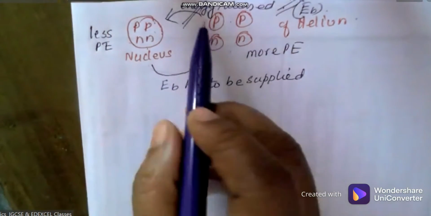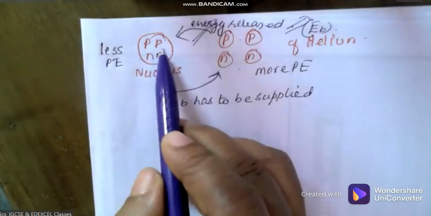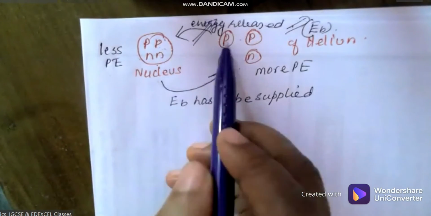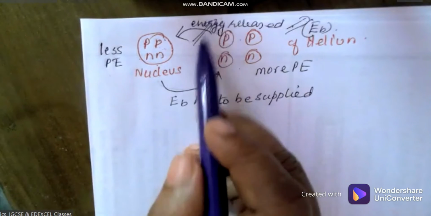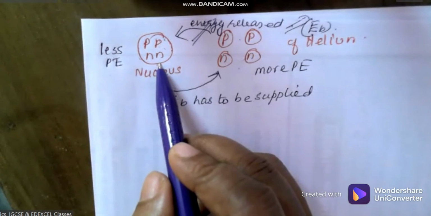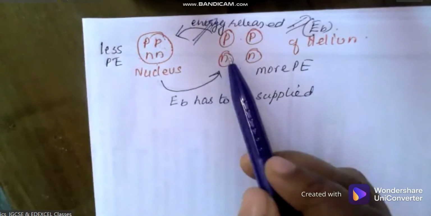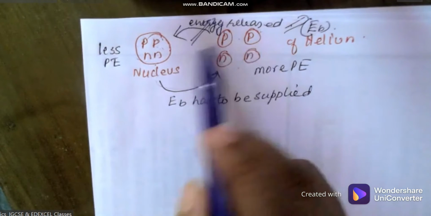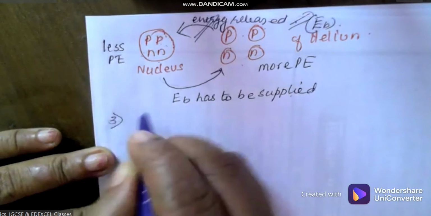When they join to form this one, the difference in the extra energy is released and that amount is binding energy. So that is a third way of understanding.